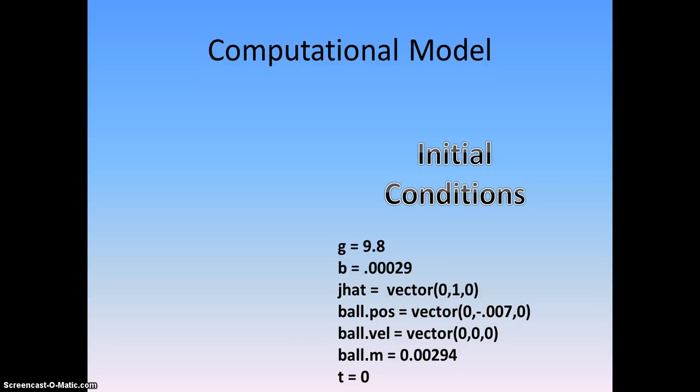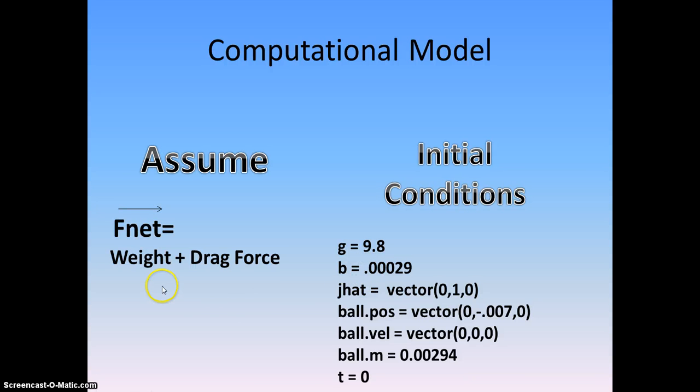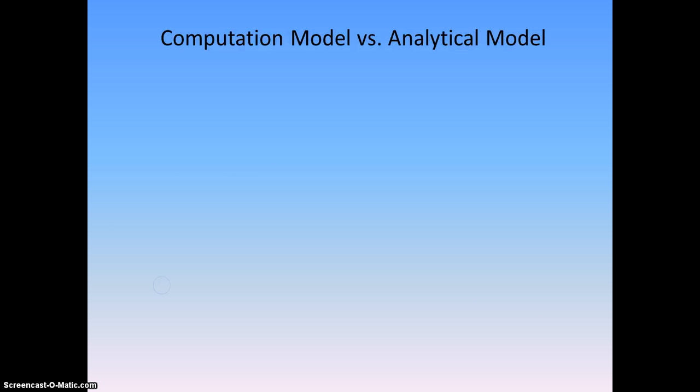We also have this position vector j hat. Another major thing to note is that our ball's initial velocity again is the zero vector, so our ball is initially at rest. Another thing that we're assuming for our final model is that our net force is going to be a combination of weight force plus drag force.